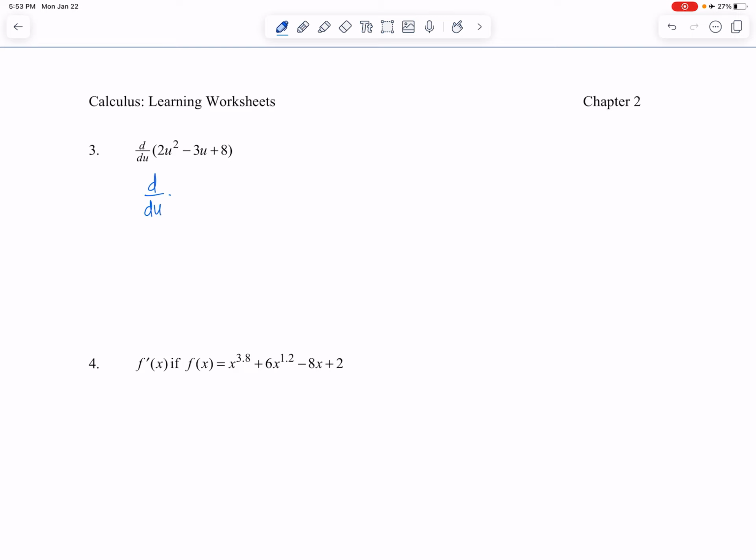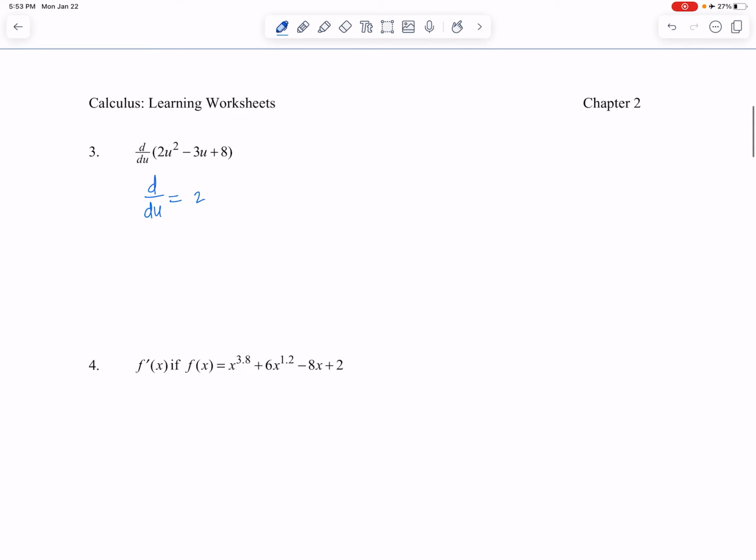Derivative with respect to u. First let's look at 2u squared. We're going to bring the 2 down, so we have 2 times 2u, and then 2 minus 1. Minus 3u, so that's just going to leave us with 3. And the derivative of a constant is just 0. The derivative of 8 is 0.